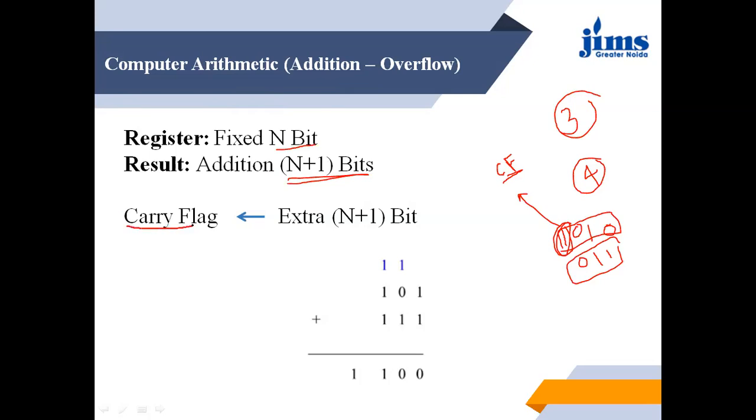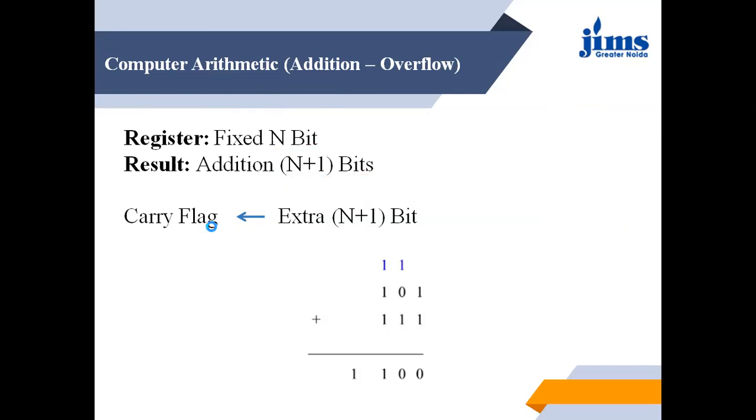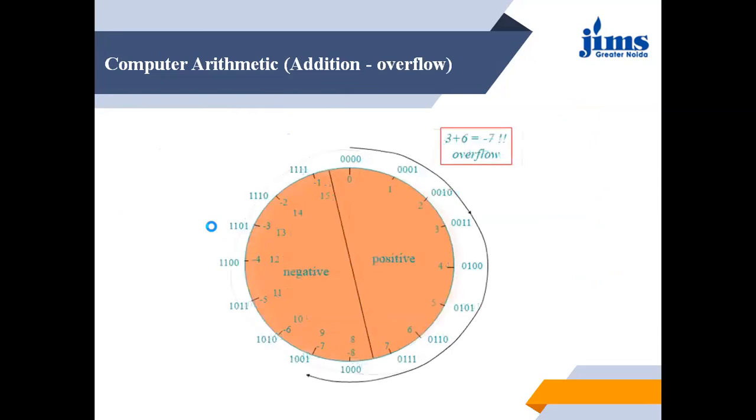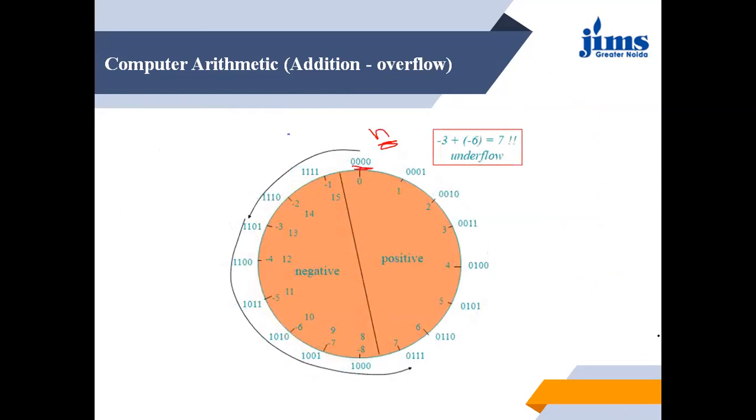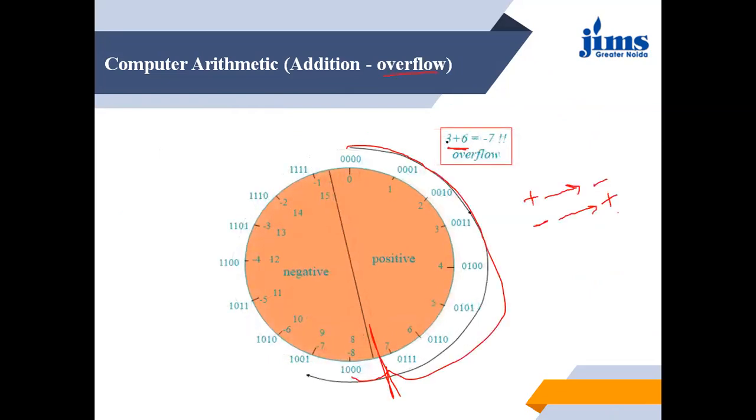But it's not the case always. You can see from here that overflow is when we have two positive numbers. Underflow is when we have two negative numbers. When we have to add two negative numbers, there is the underflow. When we have to add two positive numbers, then there is the overflow.